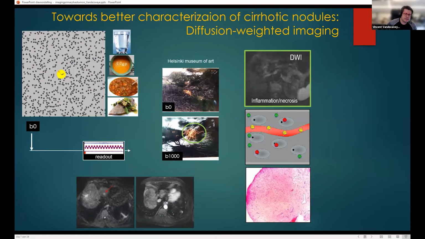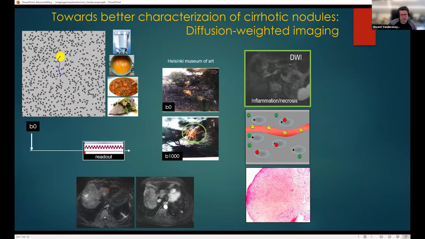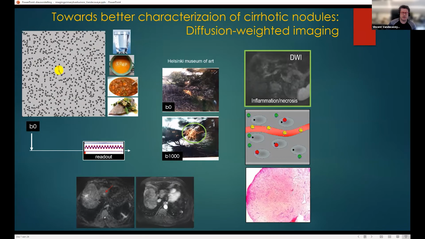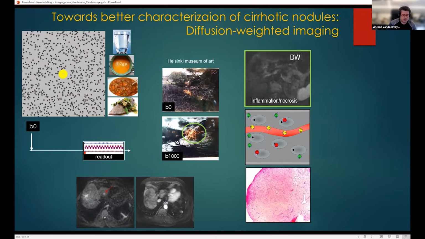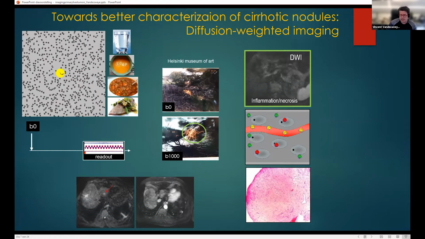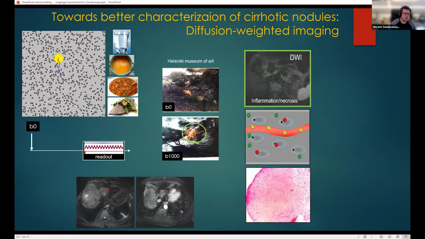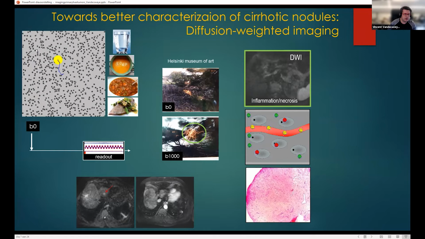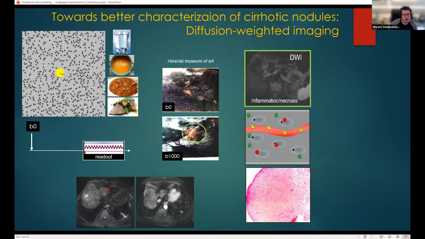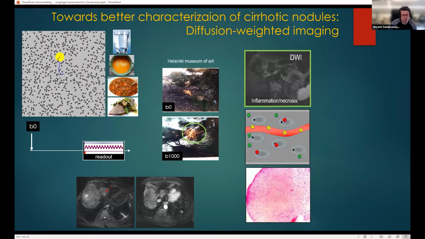And one of these things, although it's a bit difficult technique to use in cirrhosis, is the use of diffusion-weighted imaging. It is a complementary technique to the conventional and contrast-enhanced techniques, and it doesn't actually need contrast to visualize the tumor. What we follow with diffusion-weighted MRI is the random motion of water molecules.